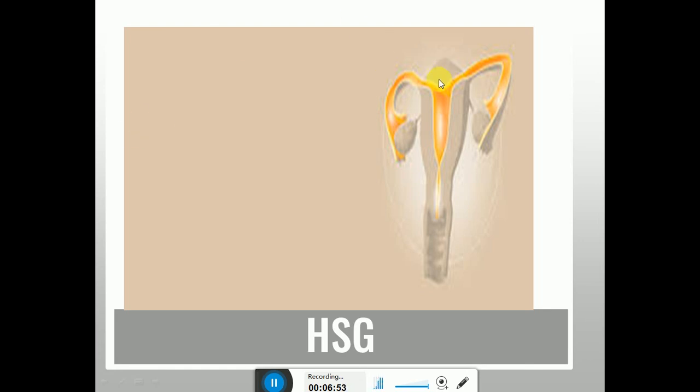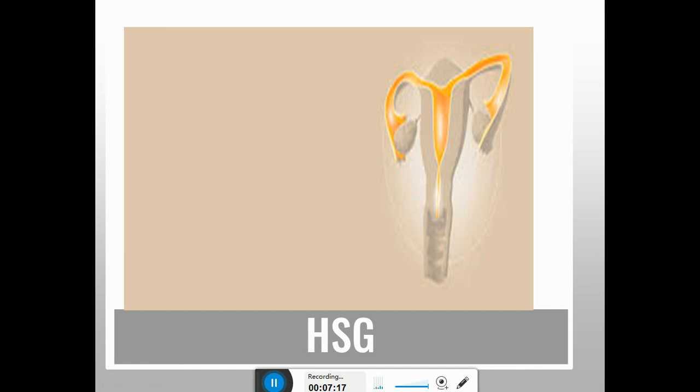This one is the uterus and these are the fallopian tubes. This is the uterine cavity, internal os, external os, cervix, and this portion is called the vagina.